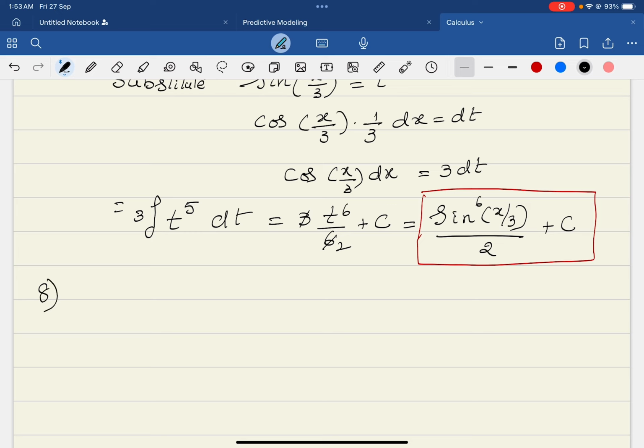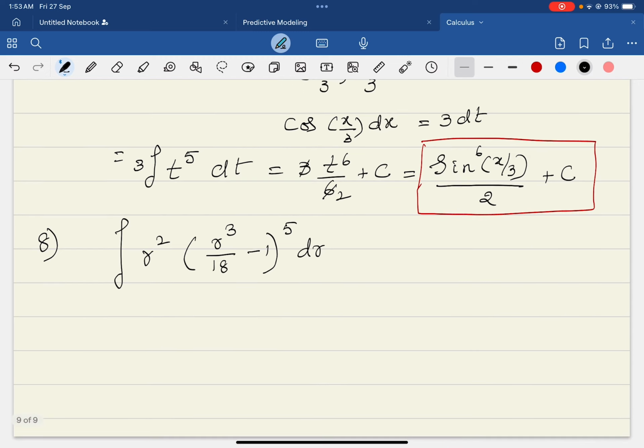Now suppose the integral of r square times r cube by 18 minus 1, the whole power 5, dr is there. Then what do we do? We take the substitution. Again, as I told you, where the power is, that one you have to take.